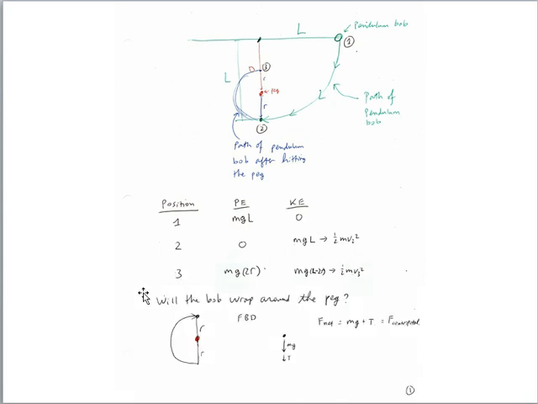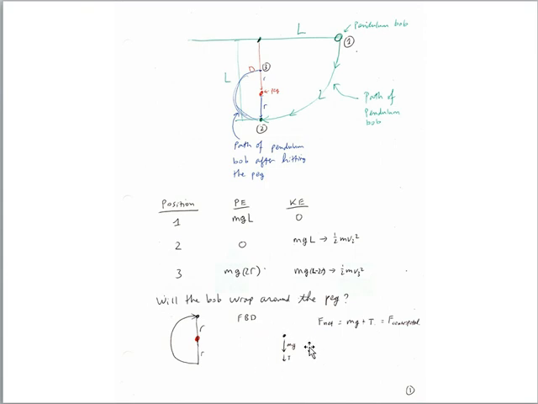To continue with this problem, we now have to do a free body diagram analysis and ask the question, will the bob wrap around the peg? In order for that to take place, we have to analyze the forces acting on the bob. At the top of the motion around the peg, this free body diagram is represented right here.